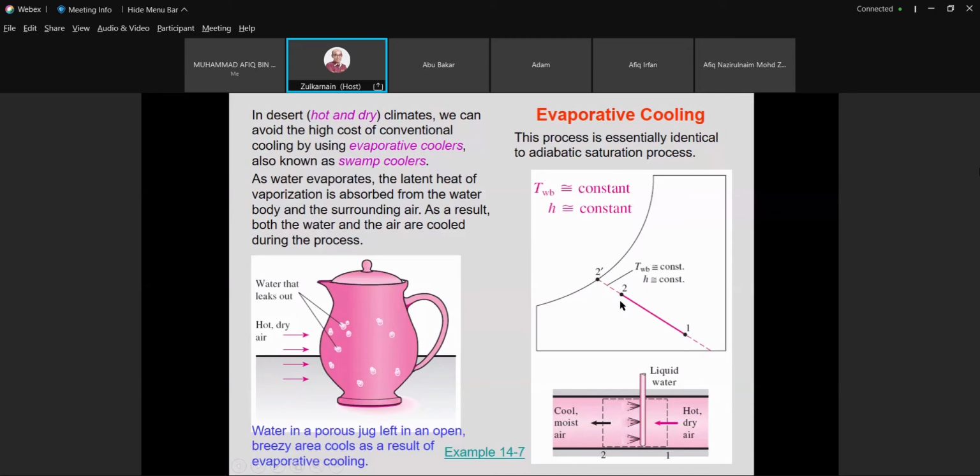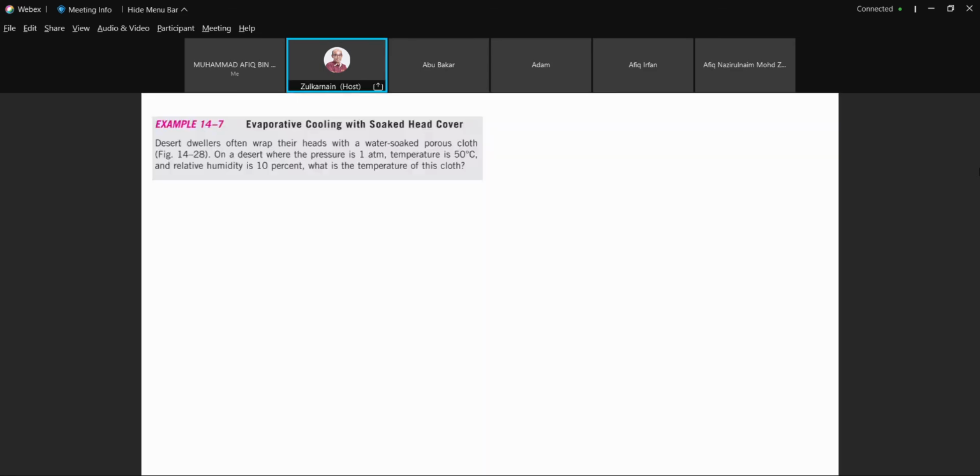So this is the direction of the process. But in this case, we don't have any evaporation, we don't have any water evaporating because point 2 right here is still below the saturation line. So that is a very simple example of evaporative cooling.